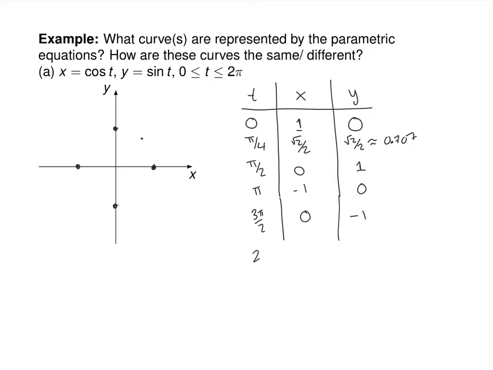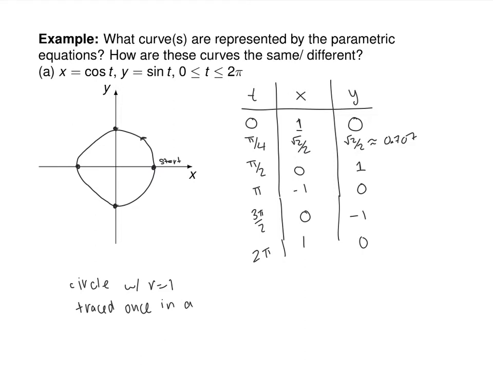And we plug in 2 pi, we're back to the point 1, 0. So this parametric equation describes the unit circle. That's your starting point, and you go around it counterclockwise. So it's a circle with radius 1, traced once in a counterclockwise direction.